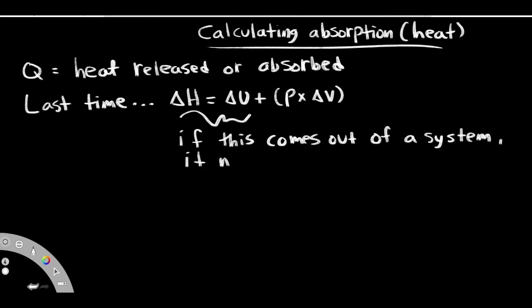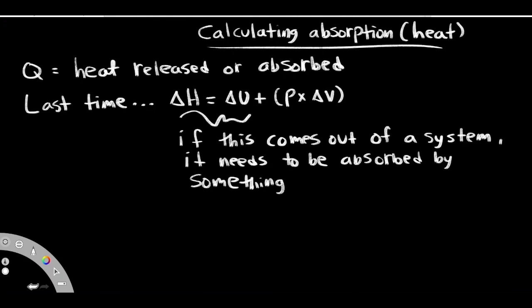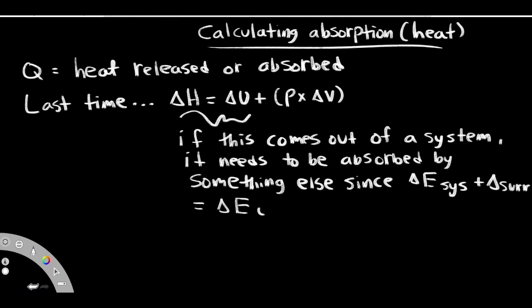And in the last video, we looked at the something else would be the surrounding. Since delta E, the change of energy of the system, plus the change of energy of the surrounding equals the change of energy of the universe.